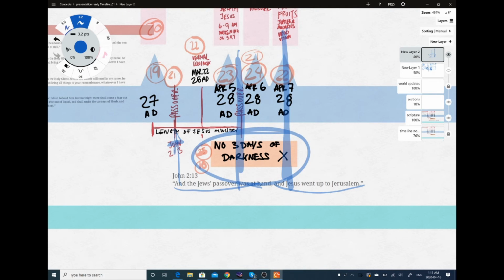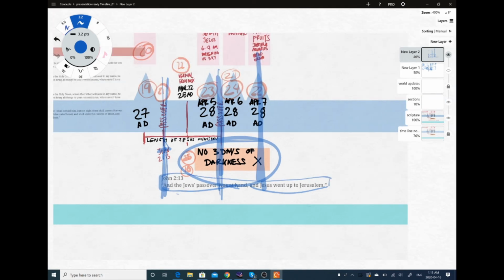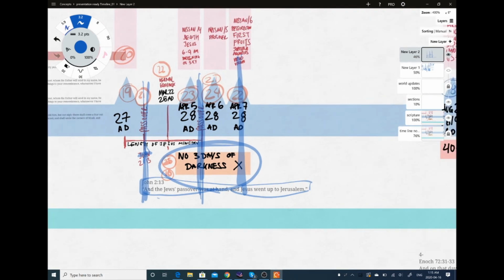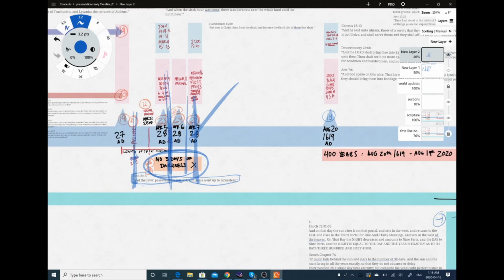Just so you know, beginning and the end there. They didn't cover that one scripture there. But this point here is about covering that there was no 3 days of darkness where Jesus was in the tomb. You don't get that. He died just before Passover, and he resurrects on first fruits. You've got a day, 0.5 tops. It's no 3 days. So anyways, suffice to say, there was no 3 days of darkness there.